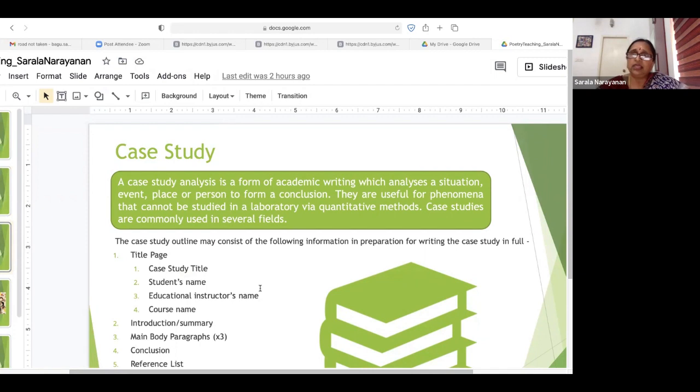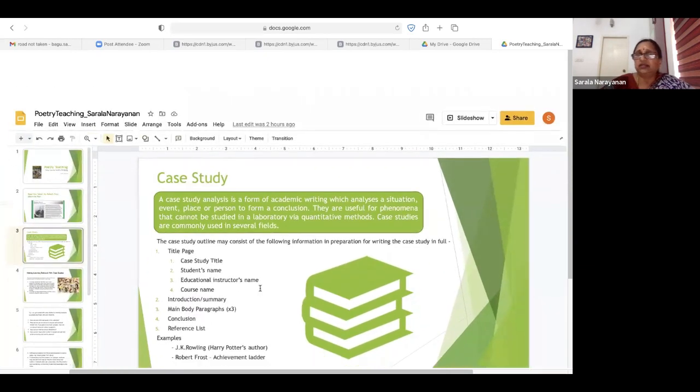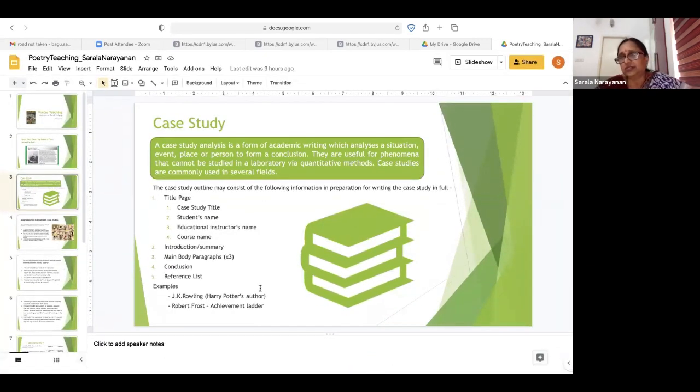So why am I talking so much about Robert Frost? It is because of his case study. So I'm taking a case study of Robert Frost. What is a case study? It is a form of academic writing which analyzes a situation, event, place, or a person to form a conclusion. So we wanted to form a conclusion about Robert Frost. That's why I told so much about him.